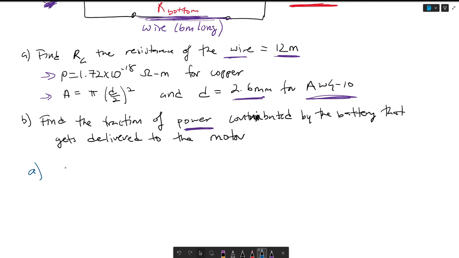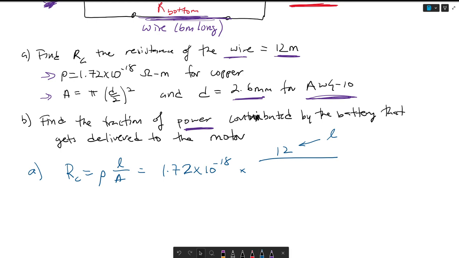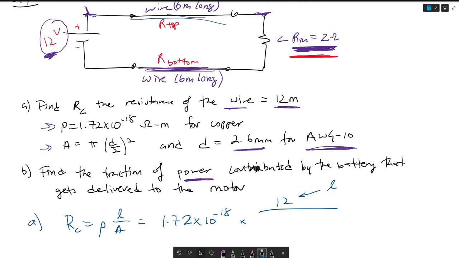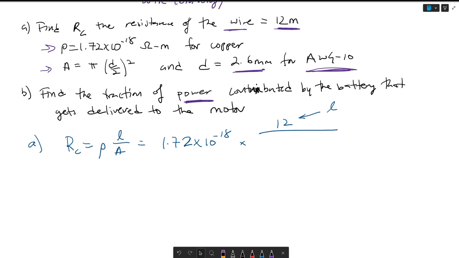And first, what we want to do is use a trusted equation that we learned earlier, which says that R_C will be equal to rho L over A, which is 1.72 times 10 to the negative 18 times 12 over, again, this is the length of the entire wire, which is 12.